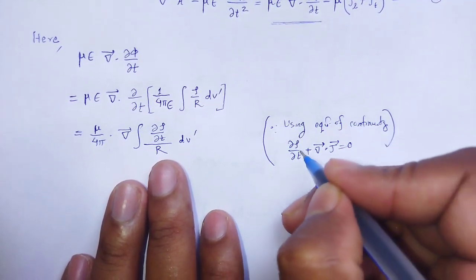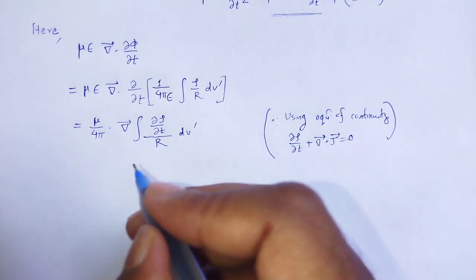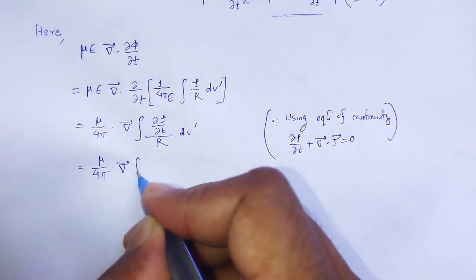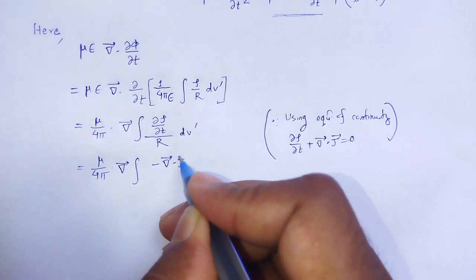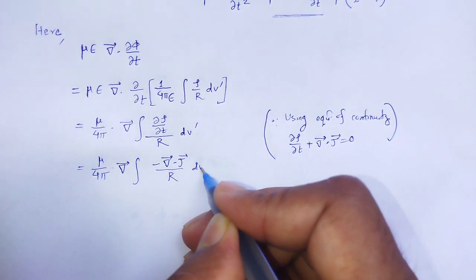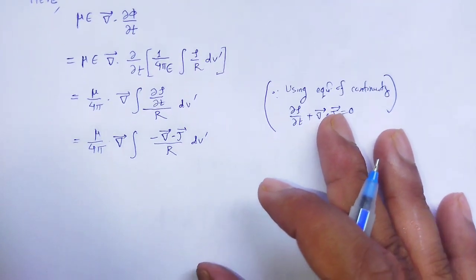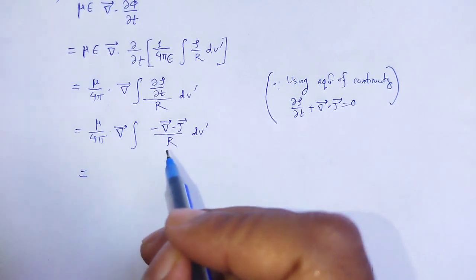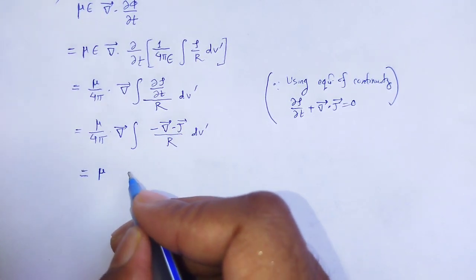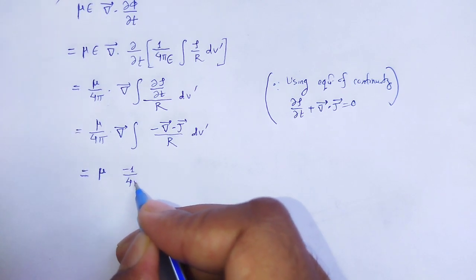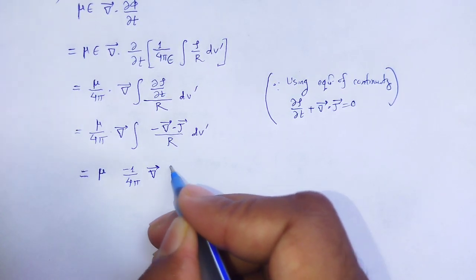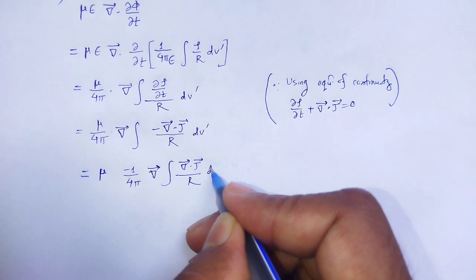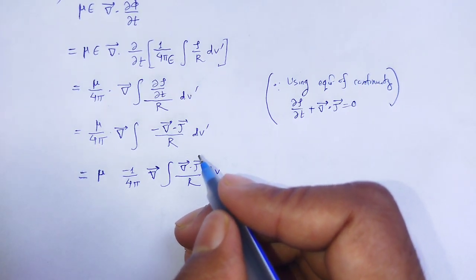From that equation, del rho by del t is equal to minus grad dot j, so mu by 4 pi grad integration over minus grad dot j divided by r dV dash. Rearranging the terms as mu times minus 1 by 4 pi grad integration over grad dot j divided by r dV dash.